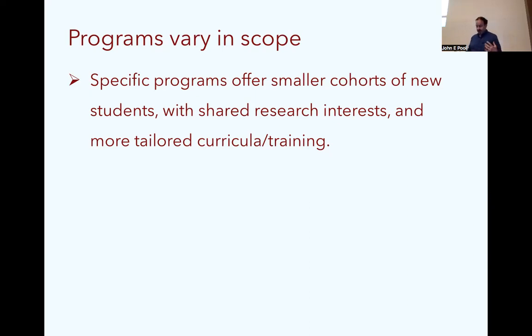In that scenario, you might enter with a relatively smaller group of students who have a somewhat more cohesive set of scientific interests, and also the curriculum of that program might be more tailored to the individuals in it.